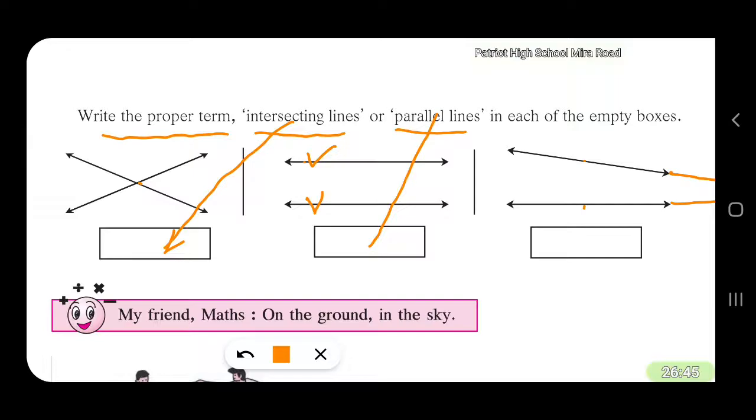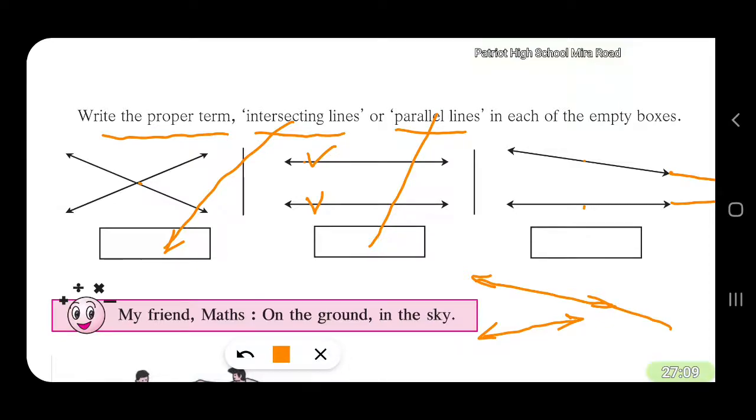But if you extend it further, suppose this had been a very big paper, suppose you have these two lines. Now let us consider these two lines. Now they have not intersected, but we can understand that they will intersect if produced further. So let us produce it further.